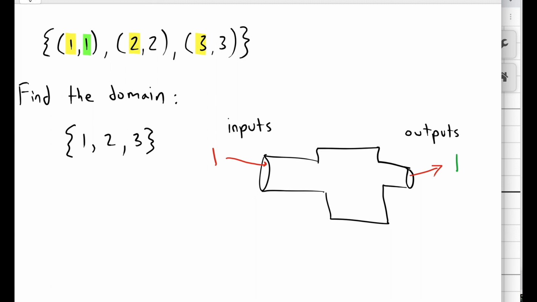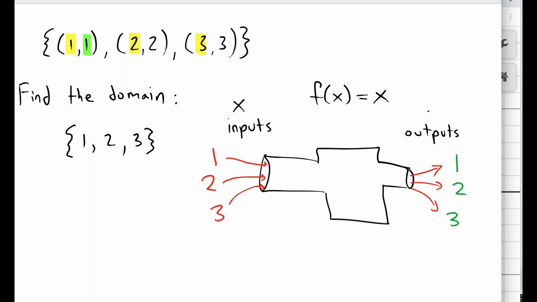Now if you put in a 2, you get out a 2. And if you put in a 3, you get out a 3. The function doesn't really do anything to the inputs. It just lets them pass right on through, right? What's the rule for that? f of x equals x. So the inputs are x, and the outputs are x too, basically. We'll call it f of x.